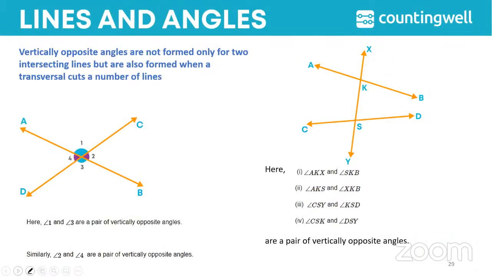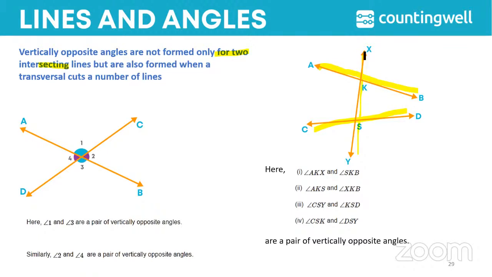Next, vertically opposite angles are not formed only for two intersecting lines, but are also formed when a transversal cuts a number of lines. The important thing is there should be two intersecting lines. When a transversal cuts line AB and line CD, here we have two pairs of intersecting lines.